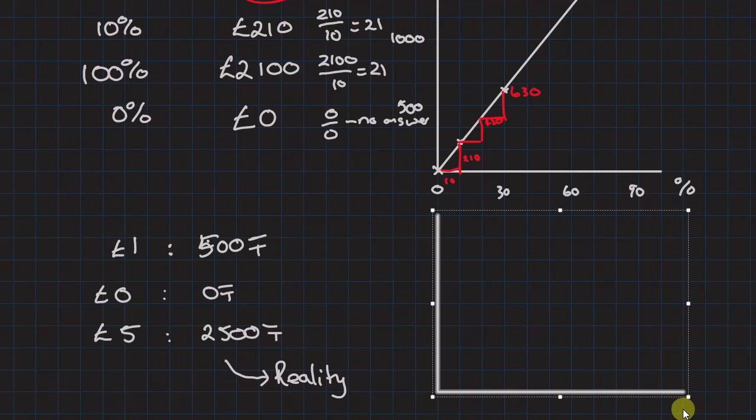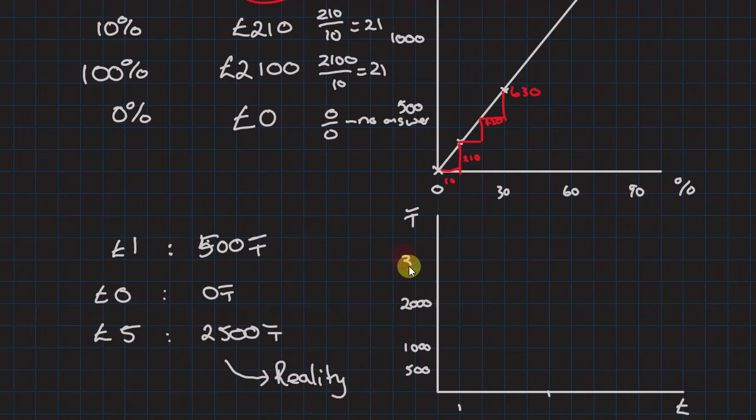So pounds to change into tenge. If I've got 1, we'd say that's 500. 1, 2, 3, 4, 5. 5. That's 2,500.